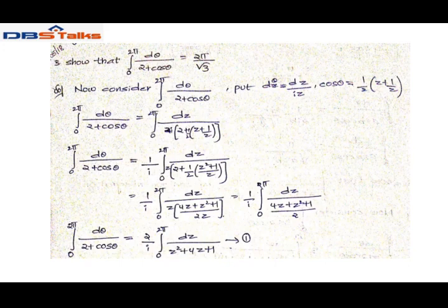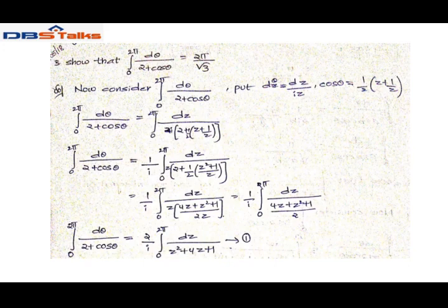equal to dz by iz and cos theta equal to 1 by 2 into z plus 1 by z, that equal to integral 0 to 2 pi 1 by i into dz by z into 2 plus 1 by 2 into z plus 1 by z, means z square plus 1 by z.